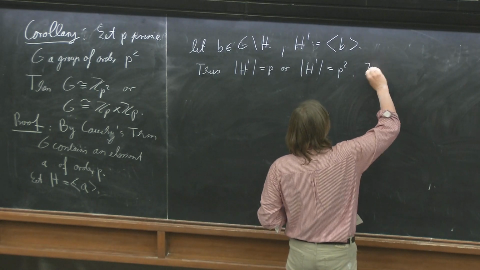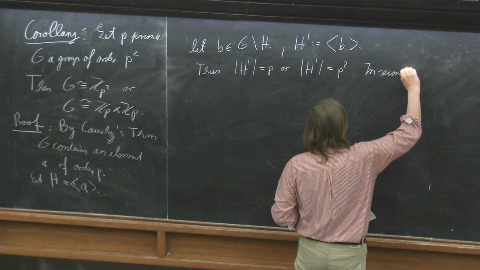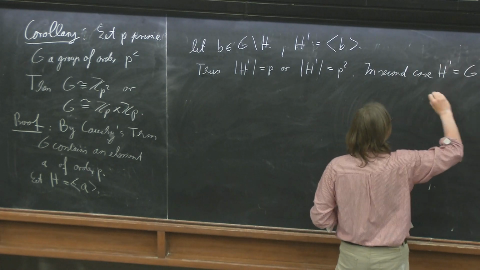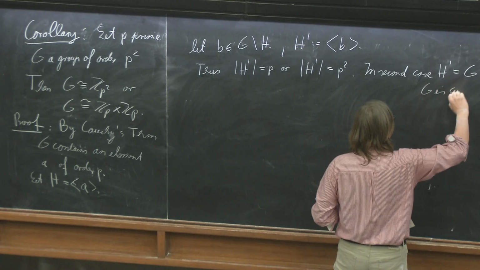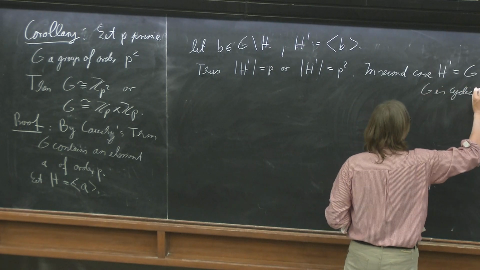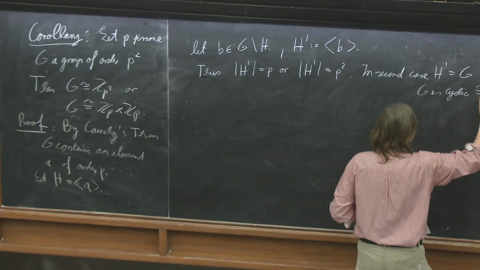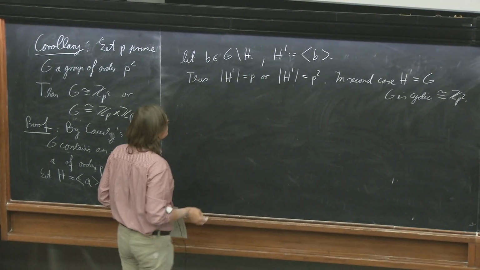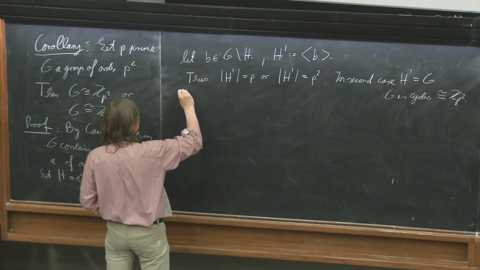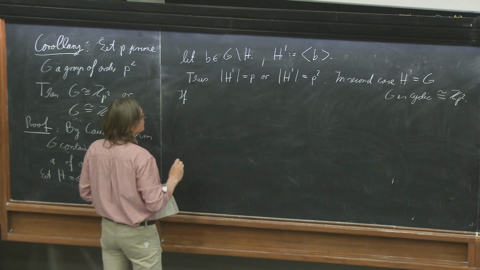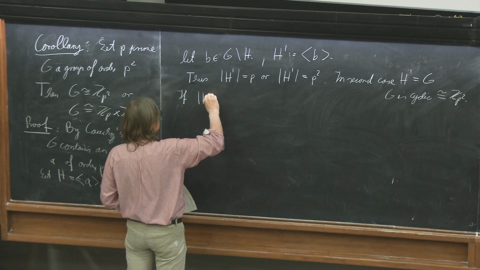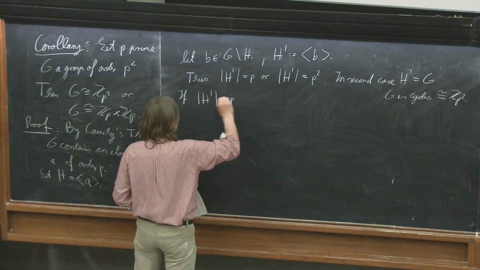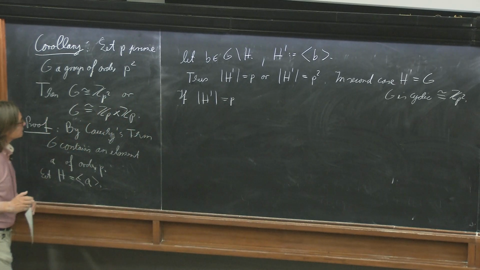So in the second case, H prime is equal to G and G is cyclic, and therefore isomorphic to Z_{p^2}. Now, if not, if the number of elements of H prime is equal to p, now we have two subgroups.